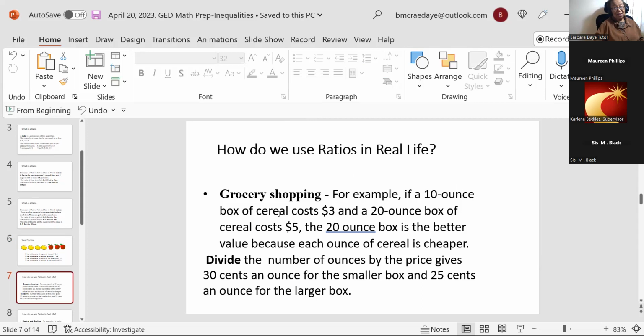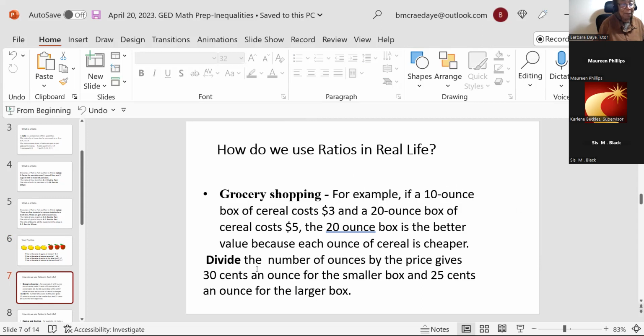You could figure this out without going through a ratio, because if 10 ounces cost 3, then if you bought 2 of these, that would be 6. And that's more than 20 for 5. So you know that the 20 ounce is the best buy.